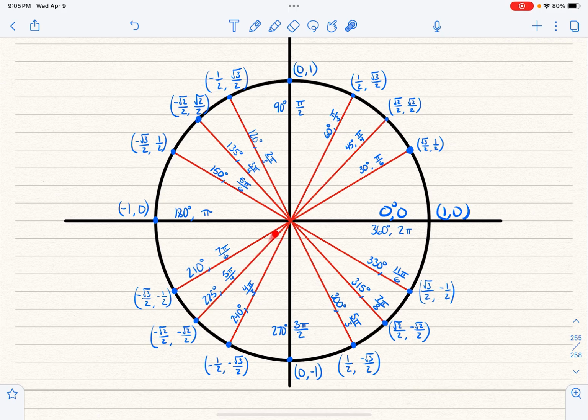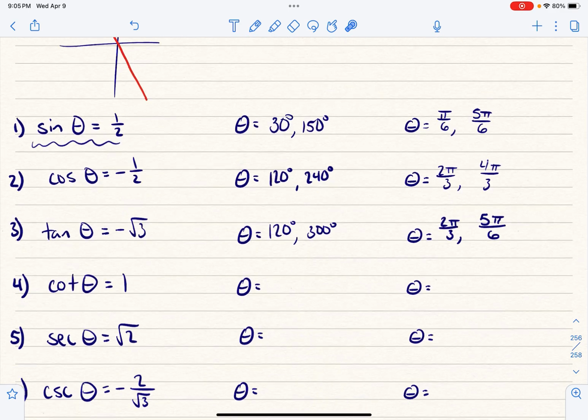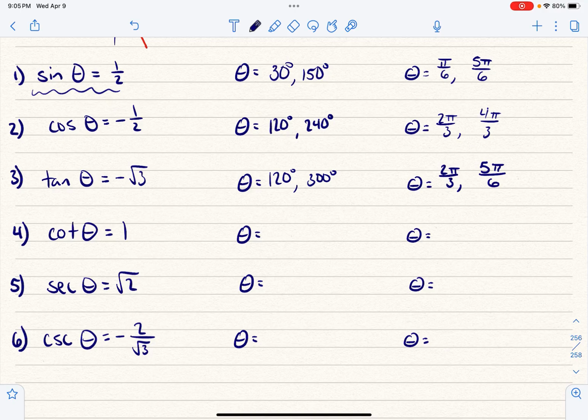There is a slope of 1, and therefore a tangent of 1, and therefore also a cotangent of 1. So those are the two numbers I'm going to use: 45 degrees and 225 degrees. Therefore, I've got pi over 4 and 5 pi over 4.